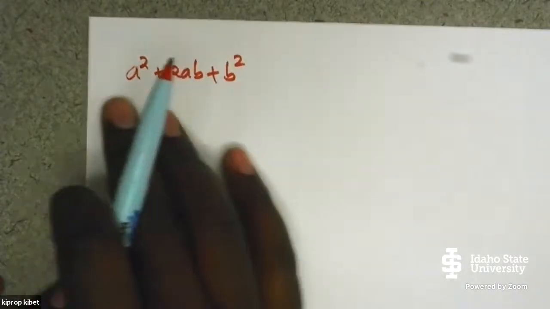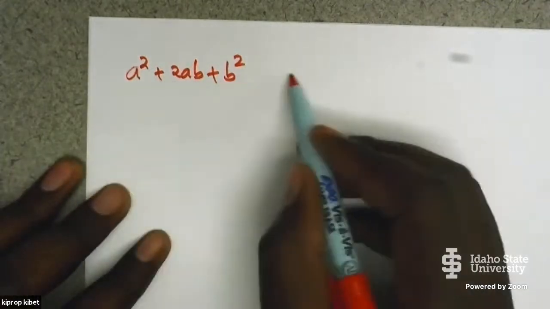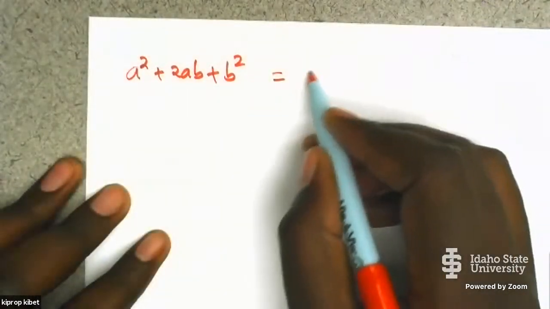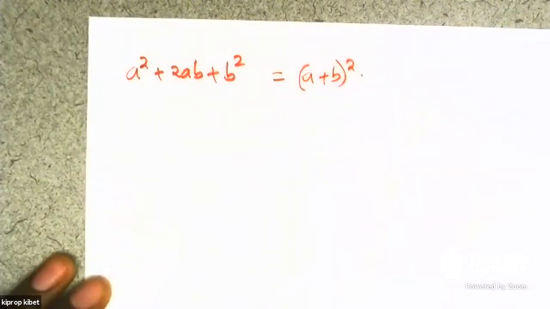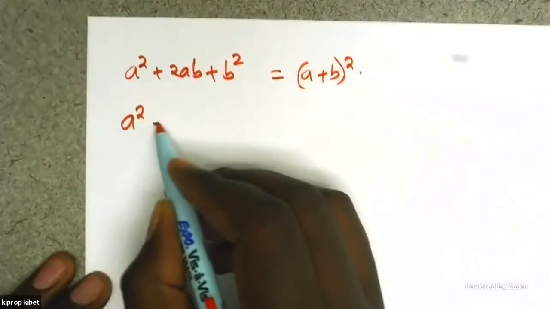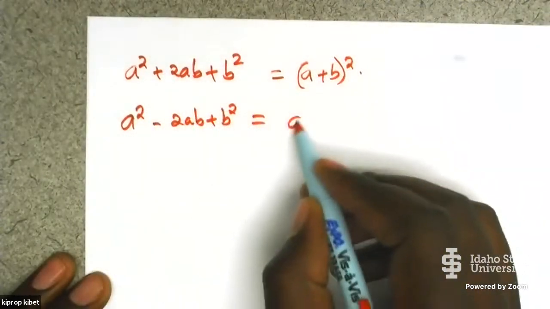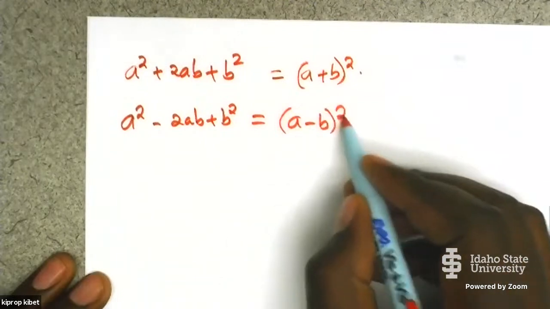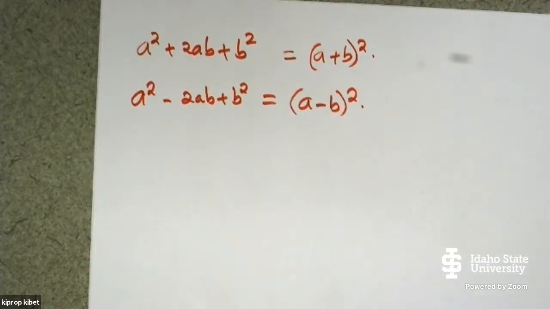This is a perfect square trinomial. If this one is a perfect square, then this is similar to a plus b square. If we have a square minus 2ab plus b square, this is similar to a minus b square, if that one is a perfect square.